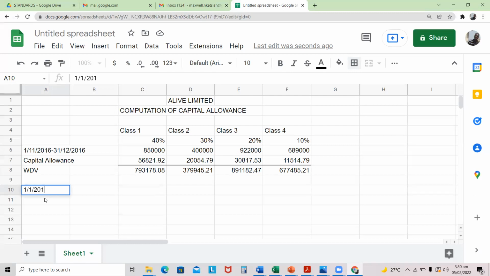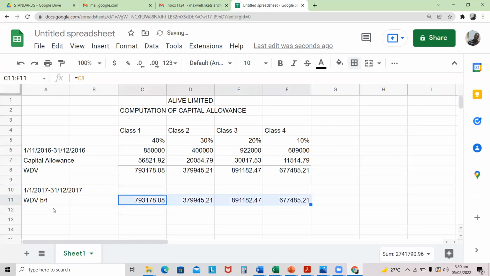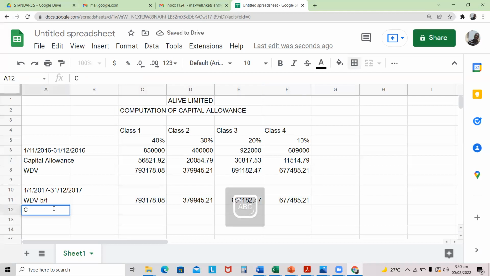So let's go to 1st January 2017 to 31st December 2017. So written down value brought forward: you bring all the written down values from the previous year. Then we ask ourselves whether there was any purchase in 2017, any addition.